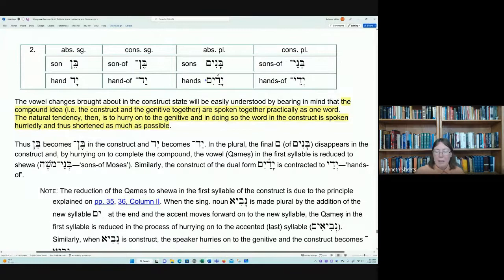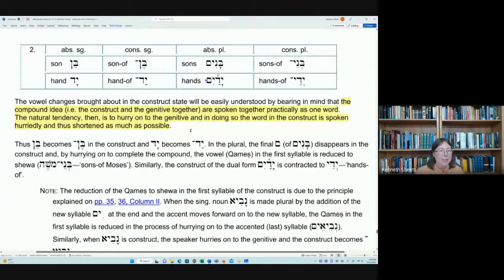So here we have the vowel changes brought about in the construct state, which will be easily understood by bearing in mind that the compound idea, that is, the construct and the genitive together, are spoken together practically as one word. So they're spoken together as a single word.